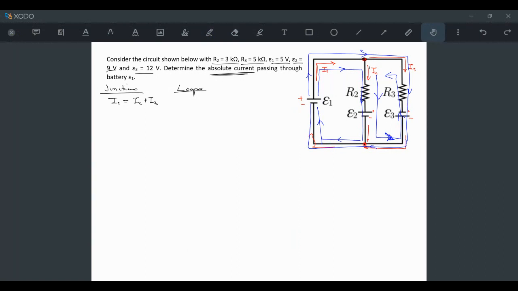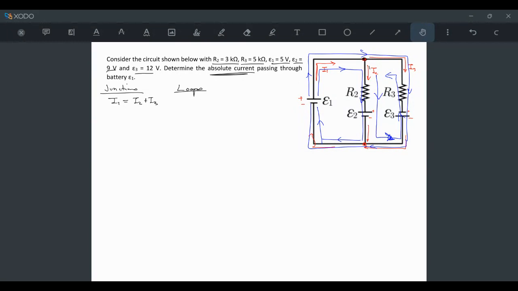Again, the directions don't really matter. You just need to be aware of whether the potential is going up or down. Maybe you have a current that comes out negative. It just means one of the red arrows is wrong, but the blue arrows never determine anything. The way you go around a loop, the direction doesn't matter as long as you write down the potential drops and increases correctly.